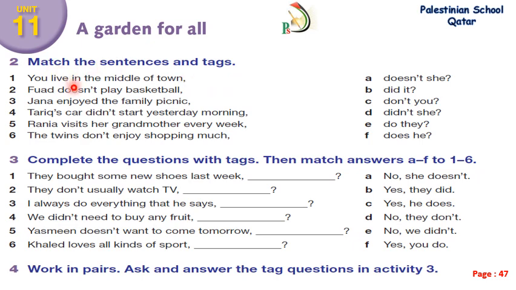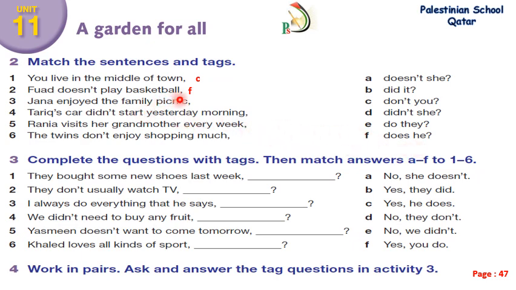Number 1. You live in the middle of town. The answer is C. Don't you? You live in the middle of town, don't you? Fuad doesn't play basketball. F. Does he?